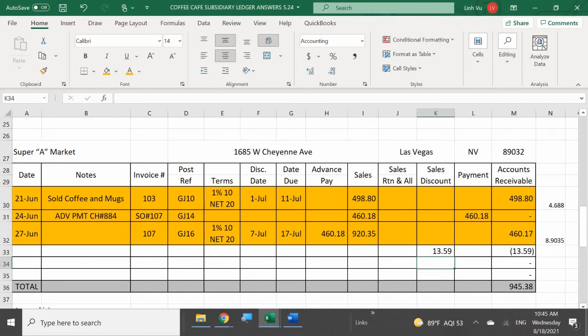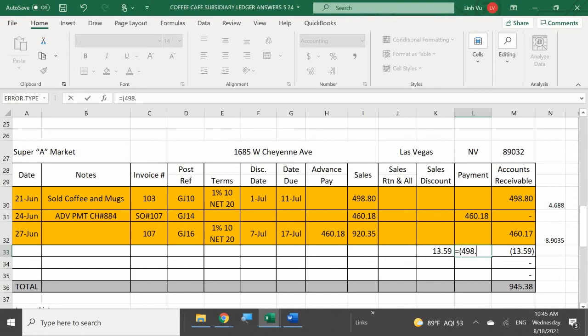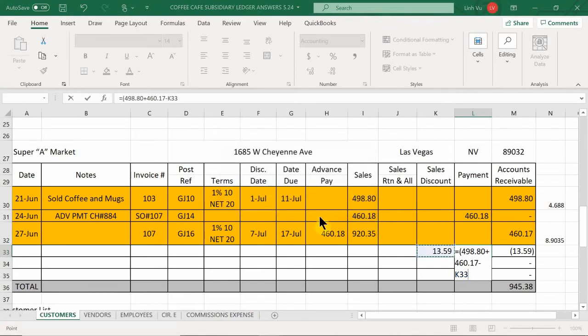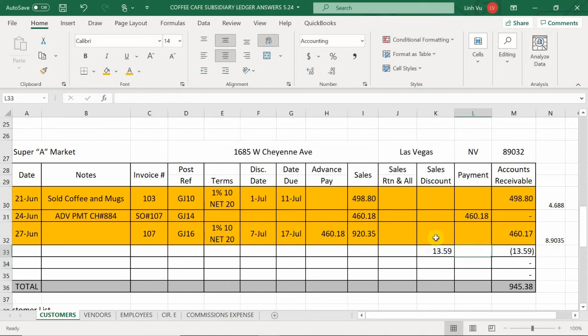Okay. So then my total amount should be, oh, I forgot I have a parentheses there. Okay. So 13.59.